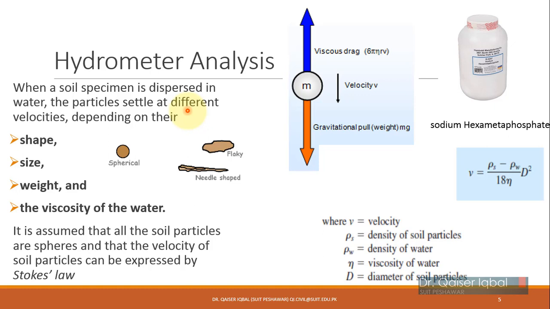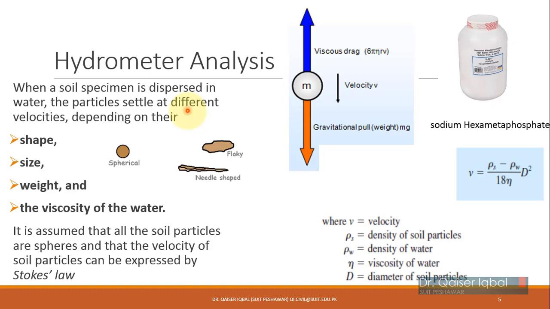So you need to mix a dispersive agent. The function of the dispersive agent is to disperse the soil, to separate the soil particles from each other. If 2 or 3 particles are combined, sticking to each other, they make a bigger particle. But if you separate them, their particle size will actually be small.